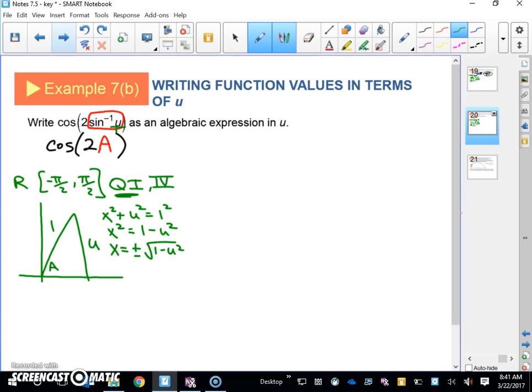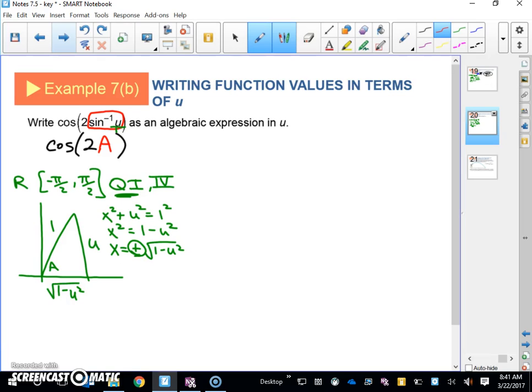But since we're in the first quadrant, we'll use the positive version. And so this missing side, this x side, is the square root of 1 minus u squared. So I'm finding the cosine ratio.